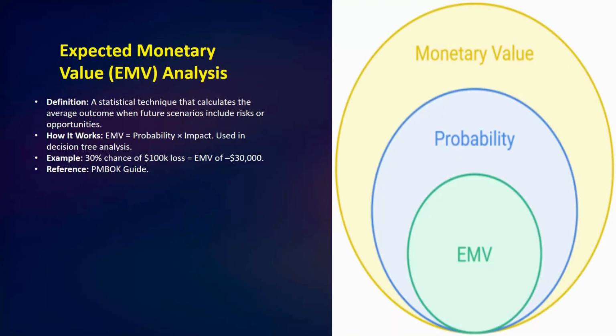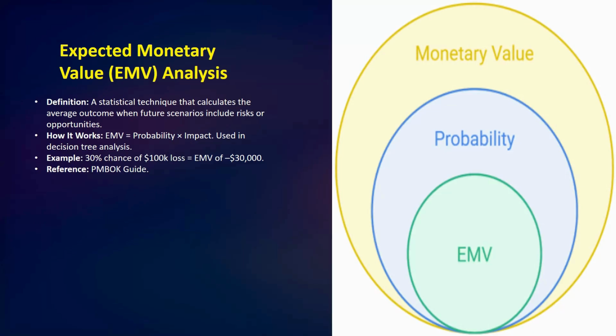Okay, so how does it work? We have already read this formula. Then next we have the example: a 30% chance of a 100k dollar loss equals an EMV of minus $30,000.